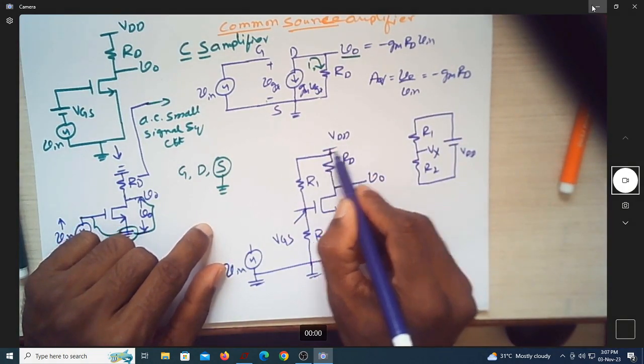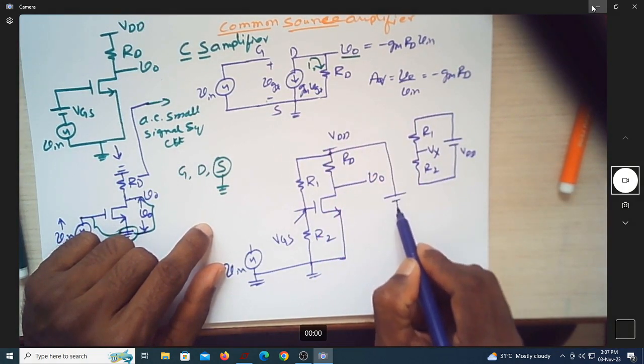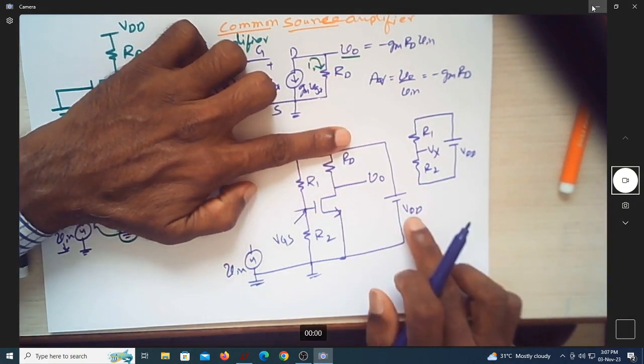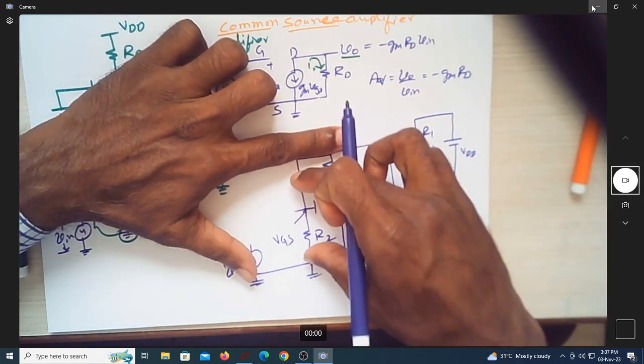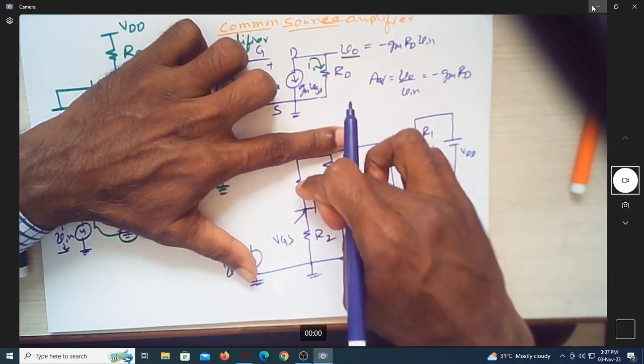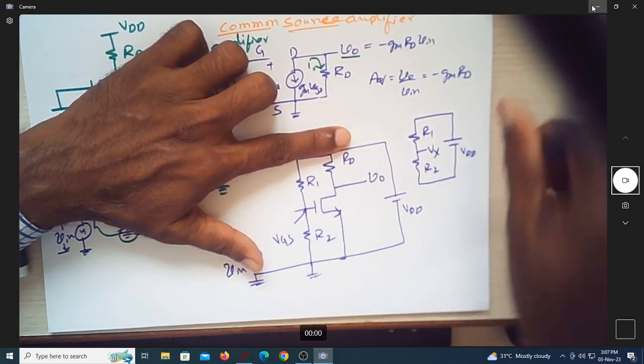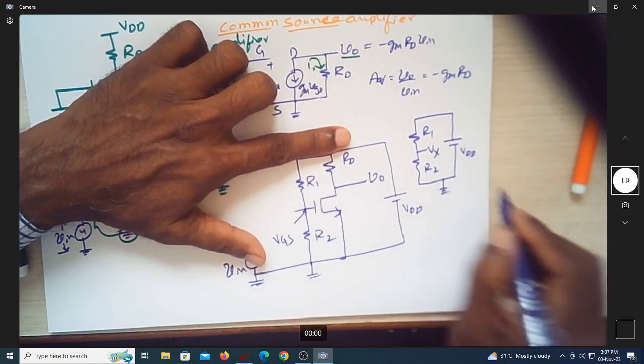Of course, I can also connect it this way. This is my VDD. So I'm just taking R1, R2 and VDD outside. Then what is Vx? Because this is ground, I'll put a ground here.